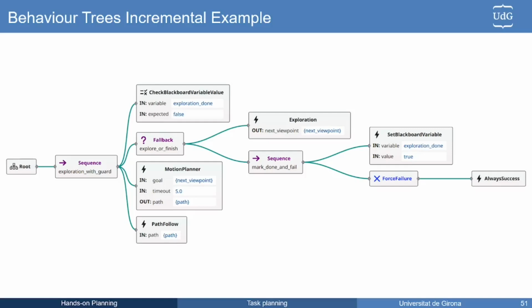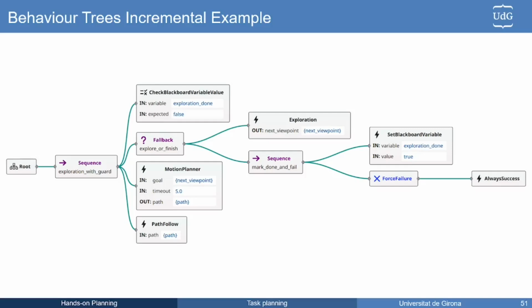Then one thing that we can do here is, instead of executing the Explorer directly, put here a fallback, and then execute here the exploration, and then do two things. The sequence will allow us to do two things.